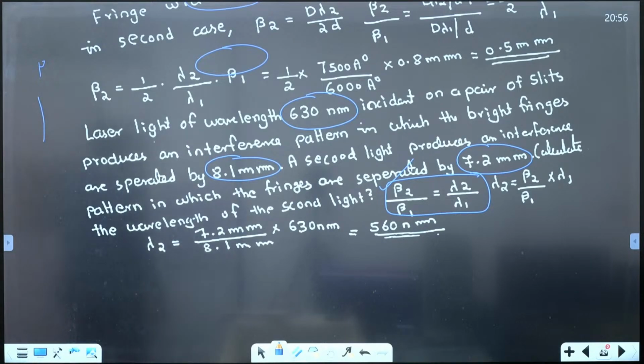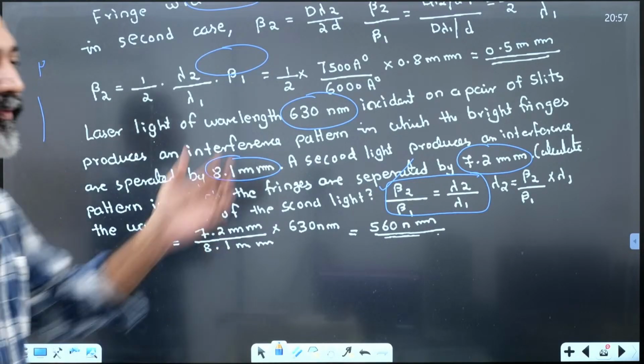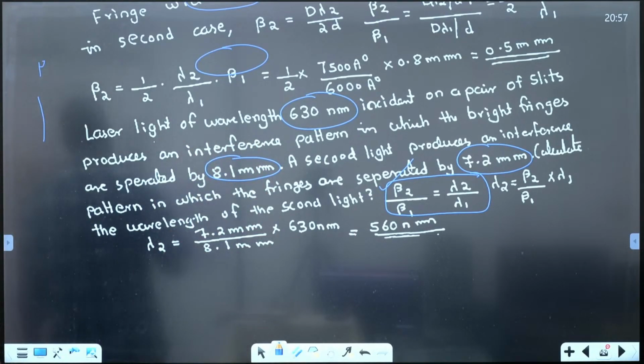Why are we not concerned about the screen distance and the distance between the coherent sources? Because we are changing the lights only, so capital D and small d remain the same. When you calculate the ratio, you can eliminate capital D and small d.